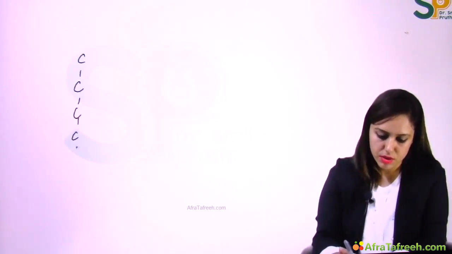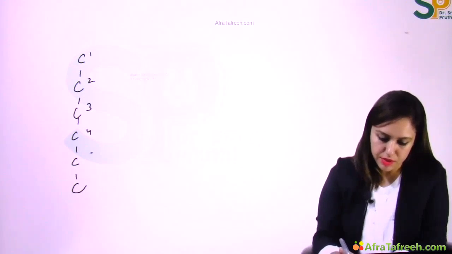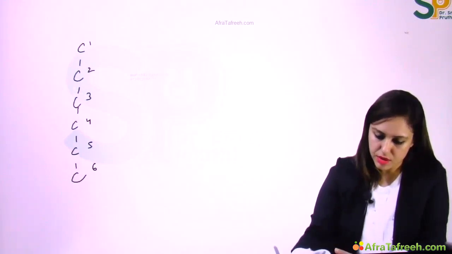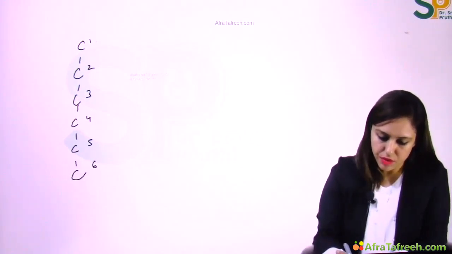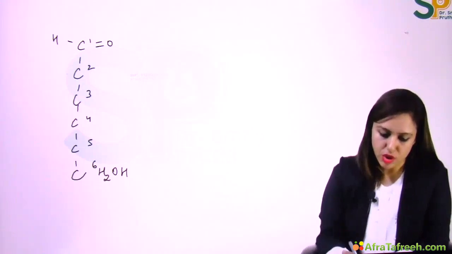Now let's see how many asymmetric carbons are there in glucose. The structure of glucose: 6 carbons. First is aldehyde, last is CH2OH.